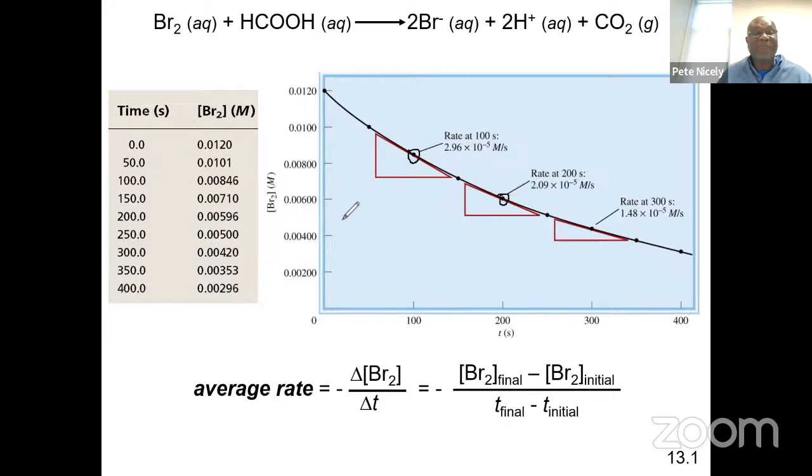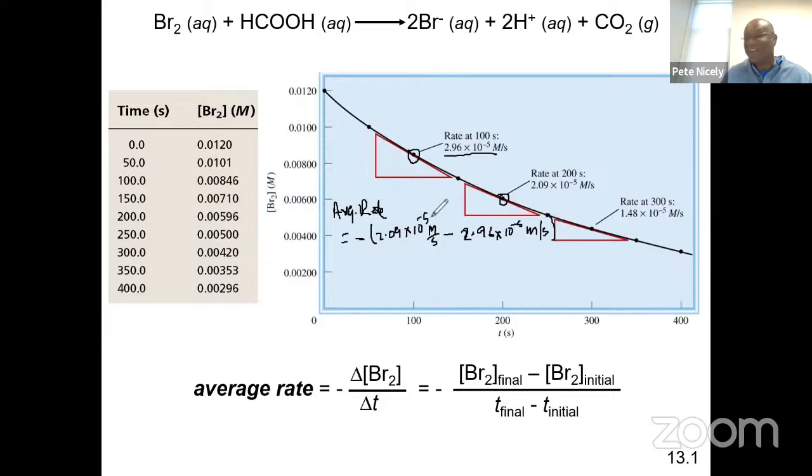So the average rate would be equal to, let me put a minus sign first, and then the final value would be 2.09 times 10 to the minus 5 m over s minus the initial value, which is 2.96 times 10 to the minus 5 m over s, and then I'll divide.